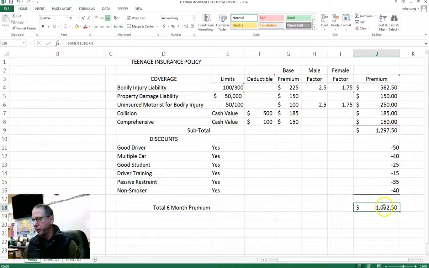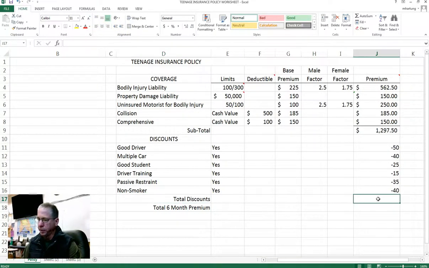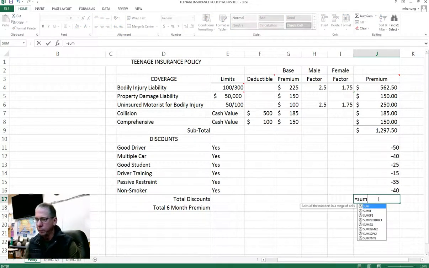Now, the other way we could have done this is we could have put in total discount. We could line that up over on the right side. And so we could do this as 2 steps. We could say, okay, well, let's just get a sum for those.